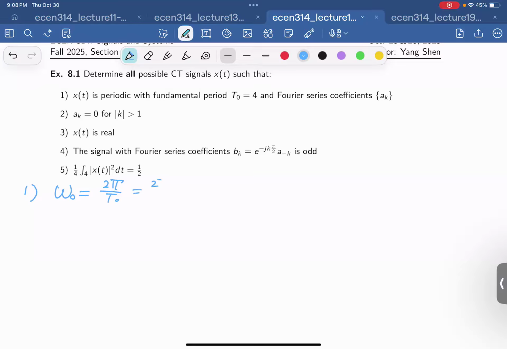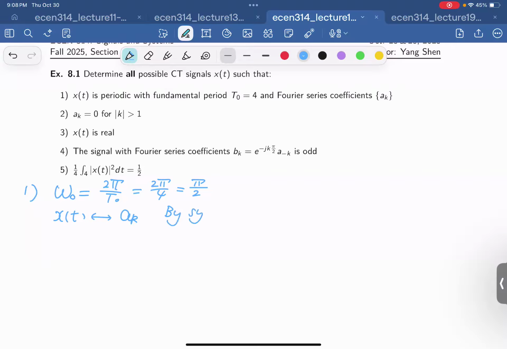In this case, the fundamental period is 4, so I have half pi radian per second as the frequency. And another thing I'm told is that x of t has a Fourier series a sub k. So in other words, we have the pair of synthesis equation and analysis equation.